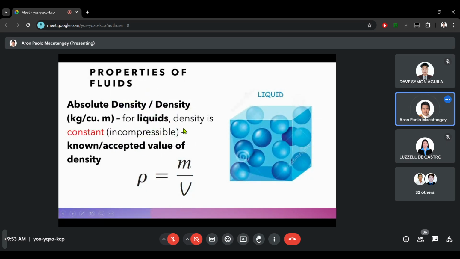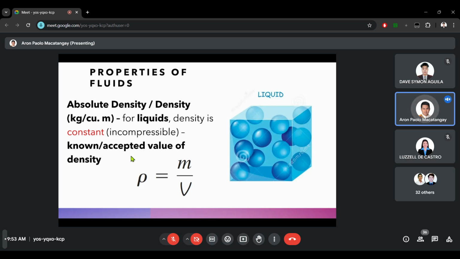Okay. So for fluids, again, fluids are liquids and gases. For liquids, our density is constant, right? Because we consider liquids as incompressible. Since their density is constant, you can say that their density should be a known or accepted value already. Okay?